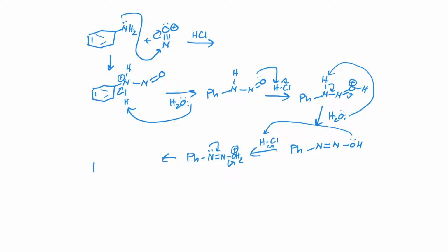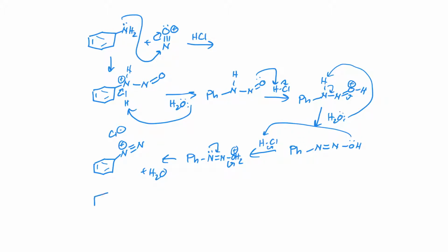So I'm going to draw the phenyl ring again. Here's the triple bond that I just formed. There is a cation on this first nitrogen. I did form water, and of course the counter ion probably is a chloride here, and we're going to say that an easier way to draw this is like that. So we're going to use that on the next page to do some substitution reactions.